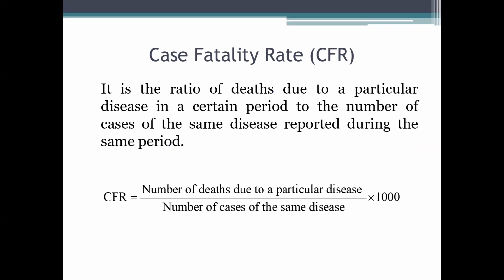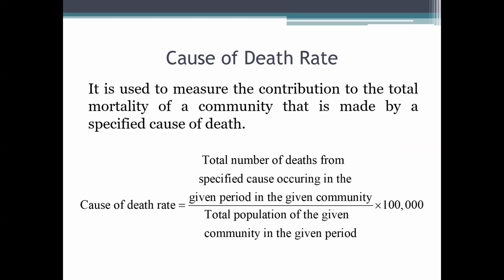Next, case fatality rate. It is the ratio of deaths due to a particular disease in a certain period to the number of cases of the same disease reported during the same period. That is multiplied by the constant 1000. This is the formula for case fatality rate.